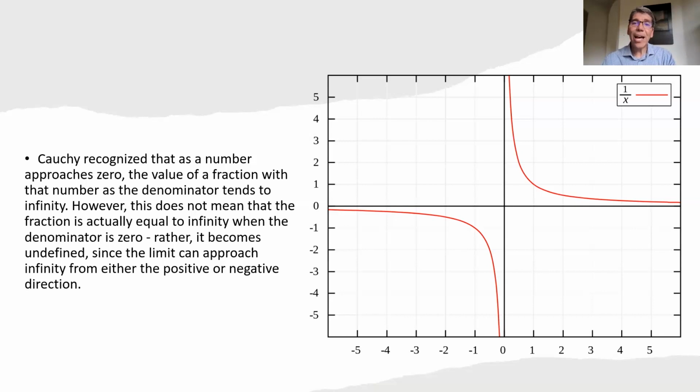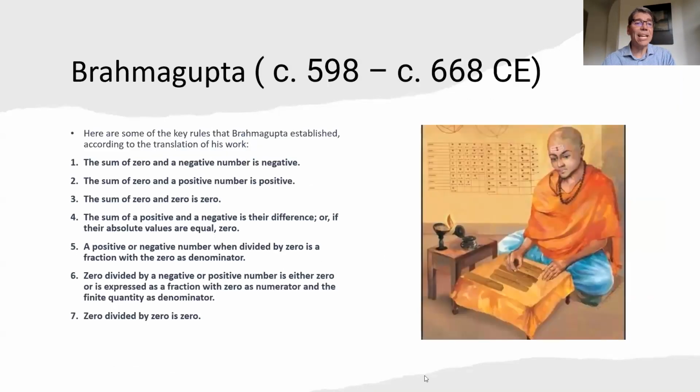So Brahmagupta basically said, I don't know what the answer is, but I'm just going to say that it is a fraction with a denominator 0.